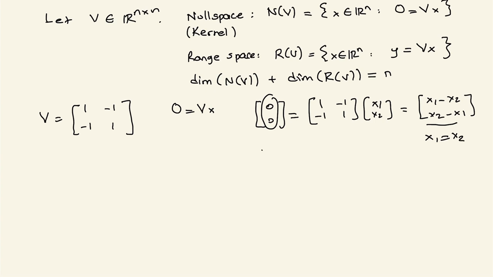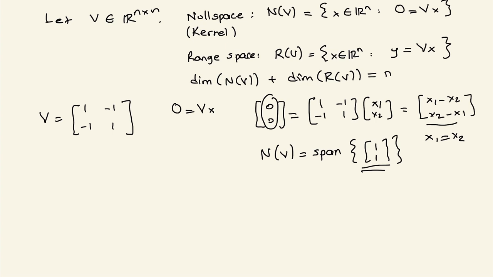In this case, the null space of V can be any such vector. It can be 1, 1, 2, 2, 3, 3, 4, 4, minus 5, minus 5. In order not to complicate things, we use a neater way: we write span. Any vector that spans 1, 1, meaning take this multiplied by some scalar, it can be 5, 5, 10, 10. So this span notation denotes vectors of 1, 1, 2, 2, minus 2, minus 2 structure. If you multiply this matrix V by vectors like this, you will get 0 output.